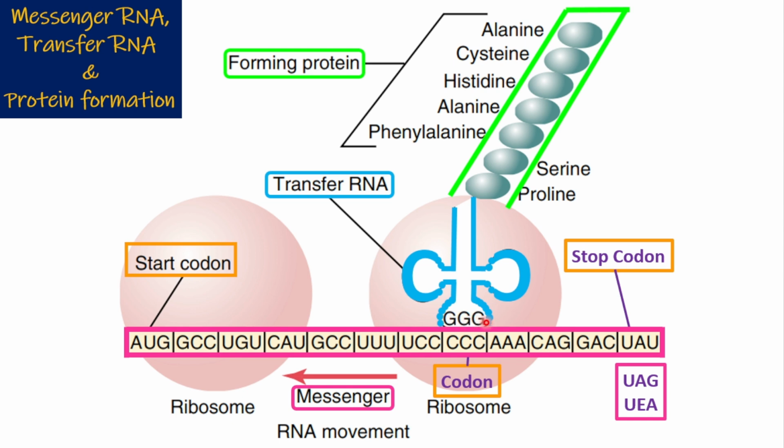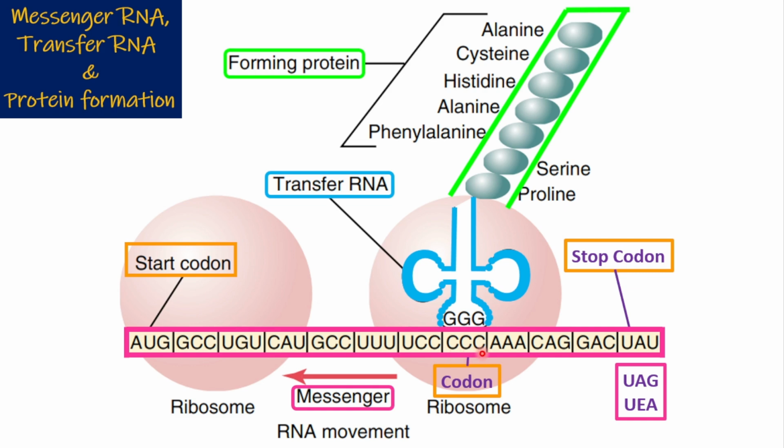This portion has three nitrogenous bases, and different transfer RNAs have different sequences of bases. That transfer RNA will attach on the codon which has nitrogenous bases complementary to it.